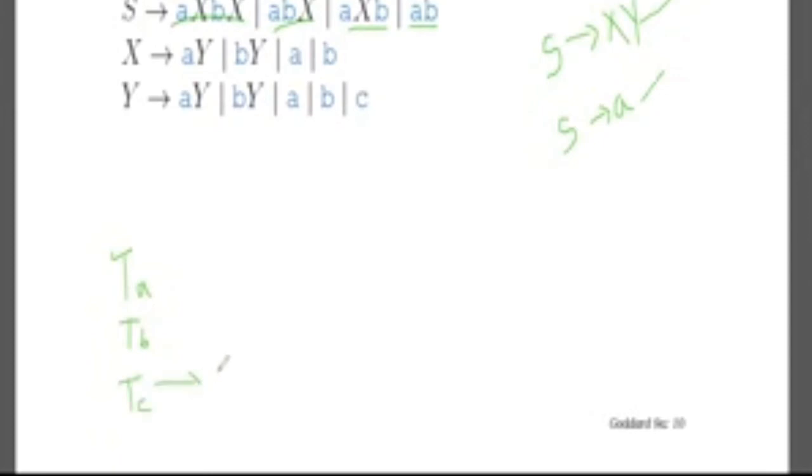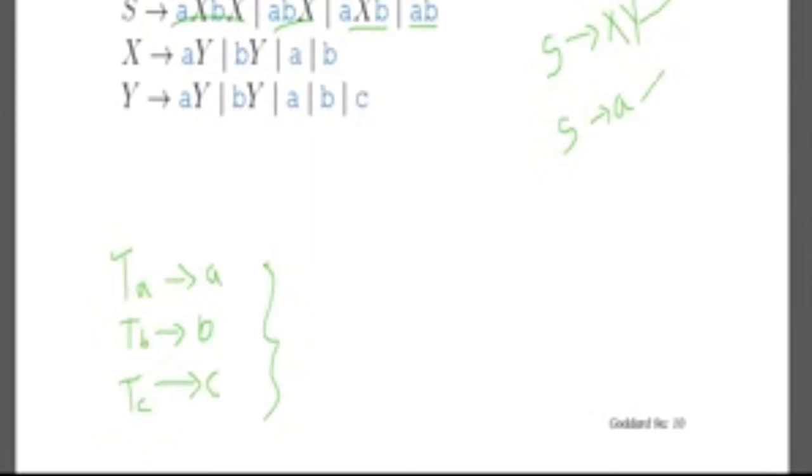I'll consider TC will give me the terminating symbol c, TB will give me the terminating symbol b, and TA will give me the terminating symbol a, right? So these are the three productions that I will add.